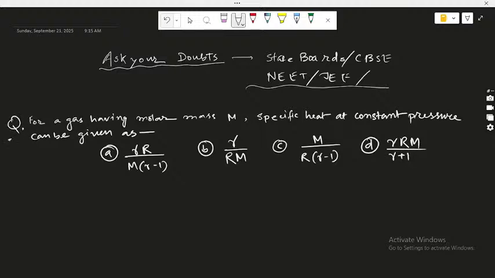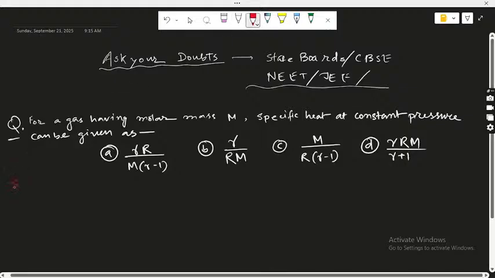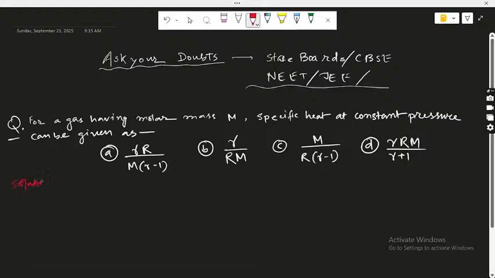So this is the question. If you can solve, you can try to solve. If you cannot solve, you can check the solution, which I am doing here.